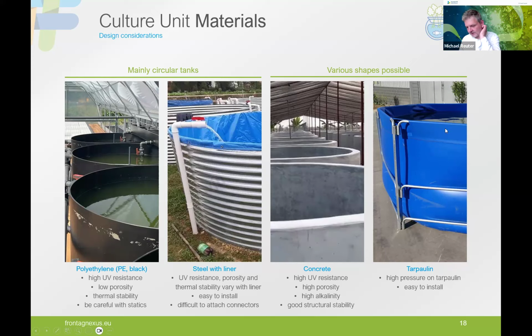And yeah, last but not least, tarpaulin is also a common material where also quite various shapes are possible, like rectangular, almost round, whatever. One drawback that I always see is that there's quite a high pressure on the tarpaulin.